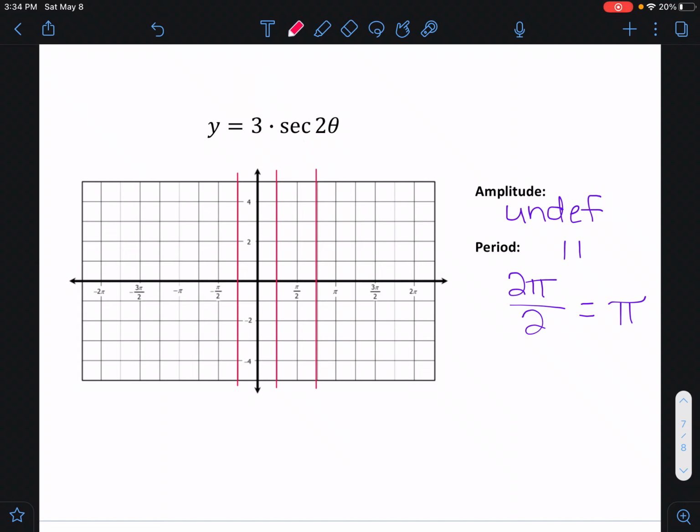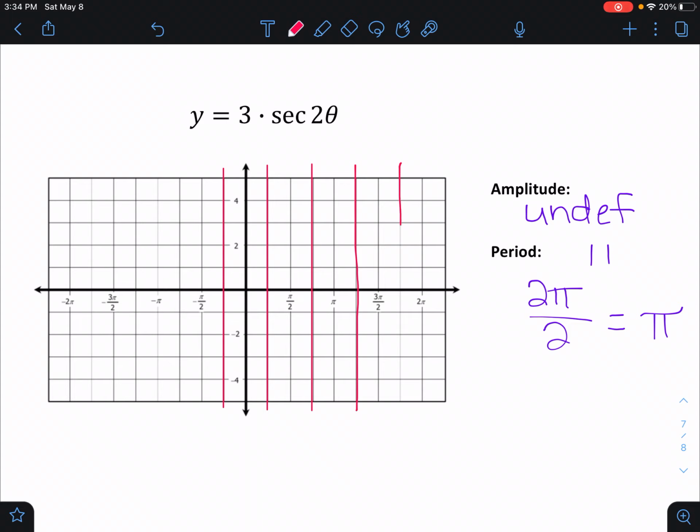So secant is probably the trickiest one. So now I can just draw in the rest of my asymptotes a little bit better than I'm doing here. Okay, back this way.